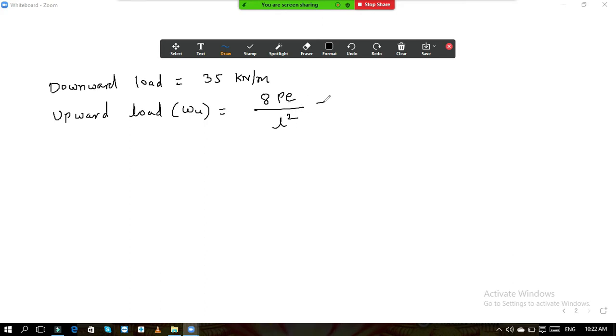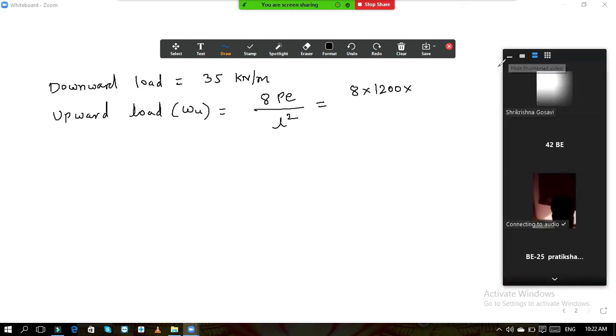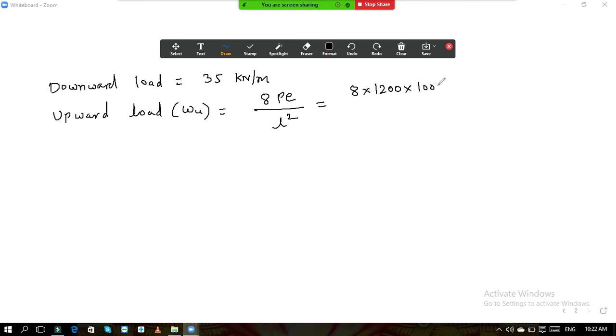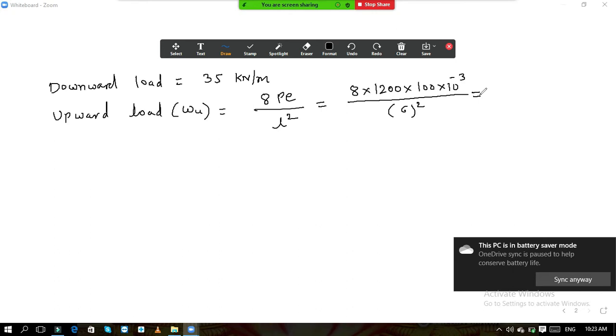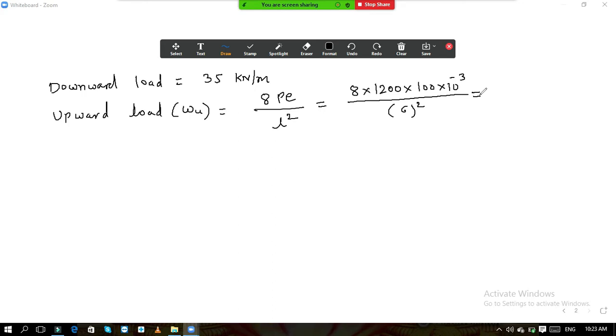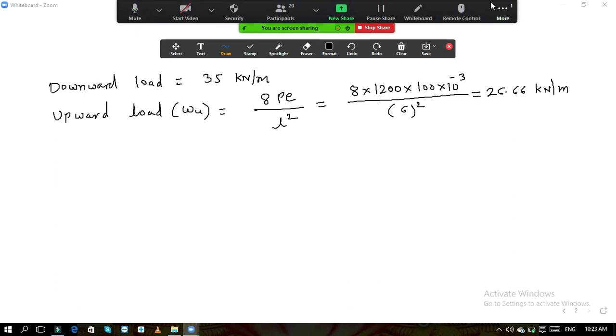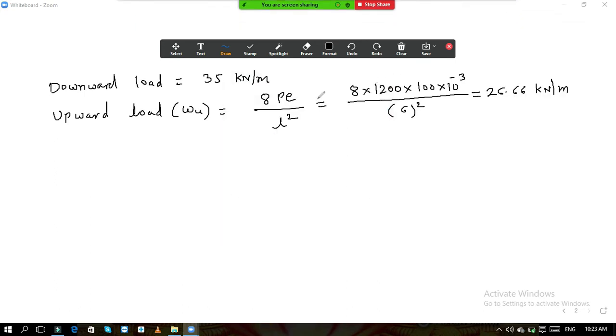So 8 into P, which is 1200, into E, eccentricity 100 mm, that is 100 into 10 raised to minus 3 in meter, divided by L square, span 6 square. The upward load comes out to be 26.66 kilonewton per meter.